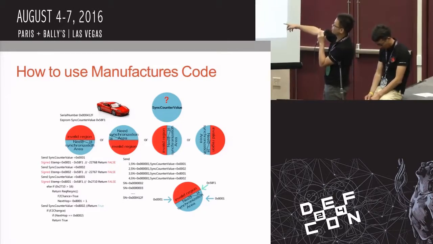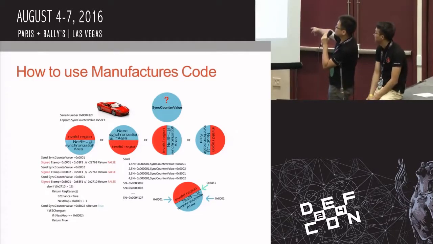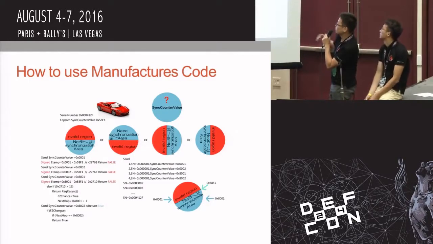Next part we try 8001. Now they will go to resynchronize, and then we will send the next number, the next sync control value. So it's 8002. They will return true.